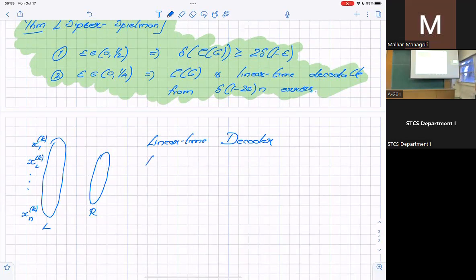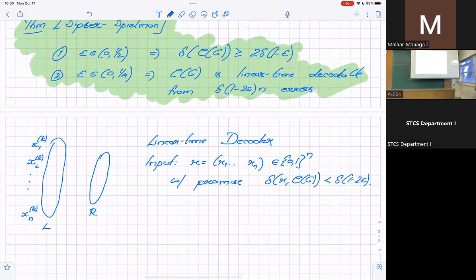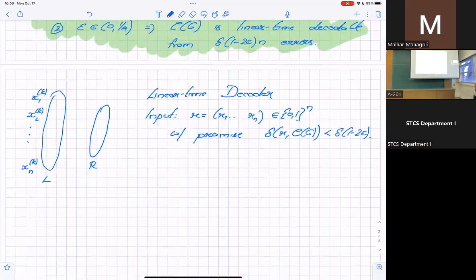The input is a received word, which is R1 to Rn in {0,1}, with the promise that the distance of the input from the code is strictly smaller than delta times (1 minus 2 epsilon). So fractional distance.